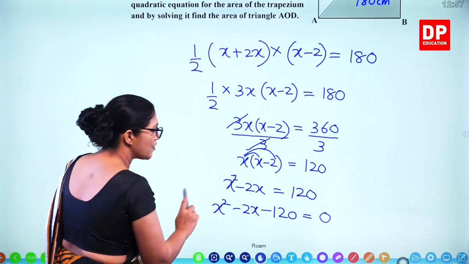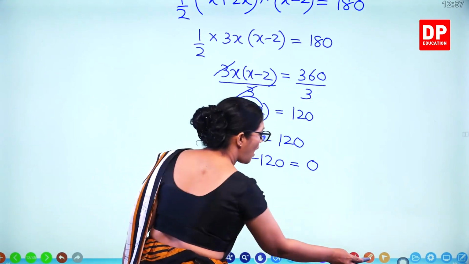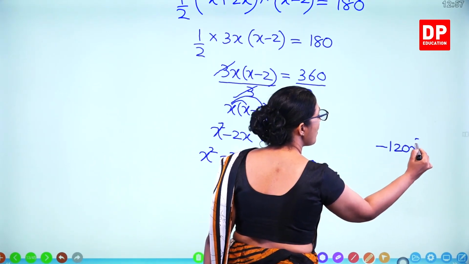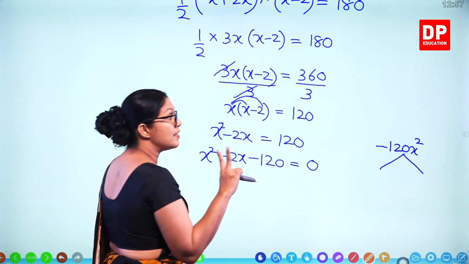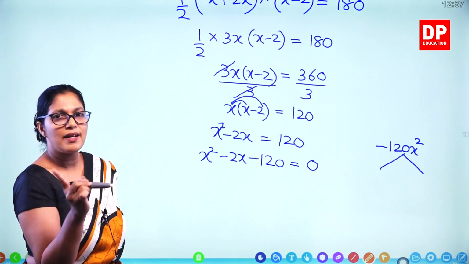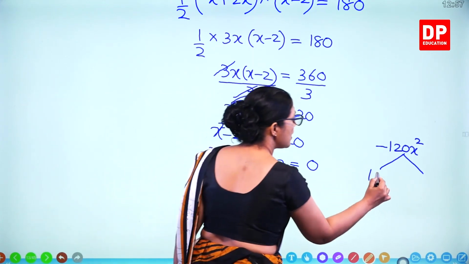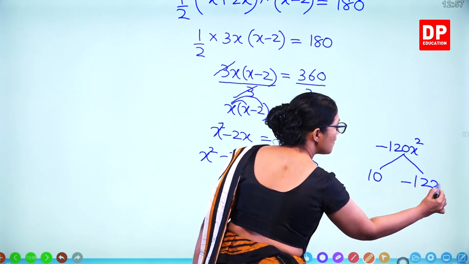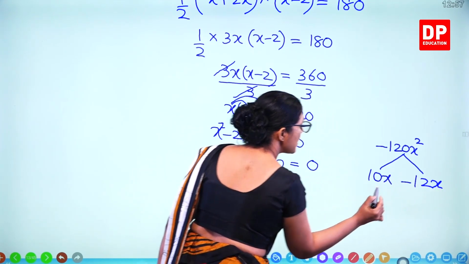So how do you factorize this? What are the factors of minus 120 x squared? That means the difference is equal to minus 2. 10 and 12. But the middle term is negative, which means negative 12 and plus 10.